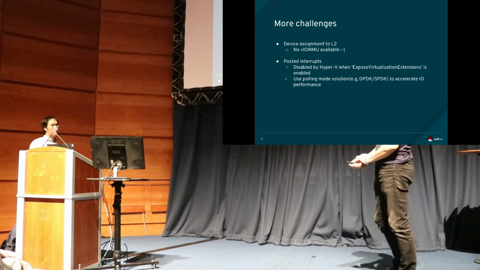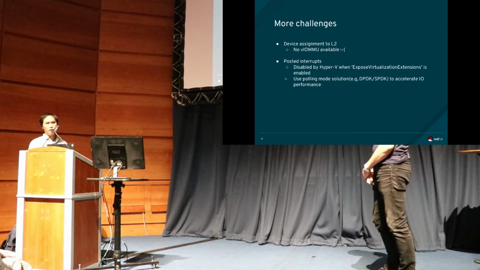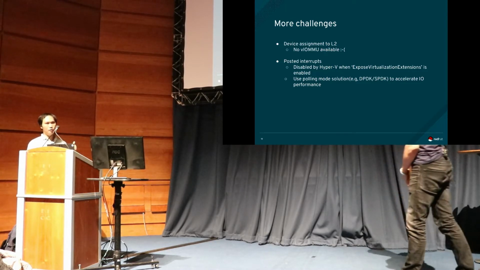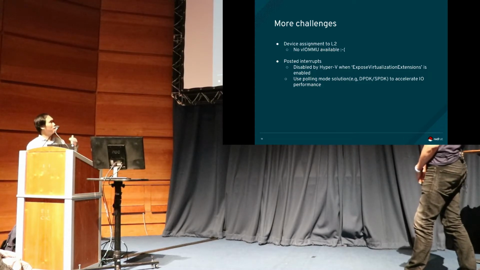That means even if we pass through the physical device to the L1 without nested virtualization enabled, we will lose posted interrupts. The interrupt will arrive at the L0 hypervisor first and then be injected into the L1 VM. So that will introduce a lot of overhead.